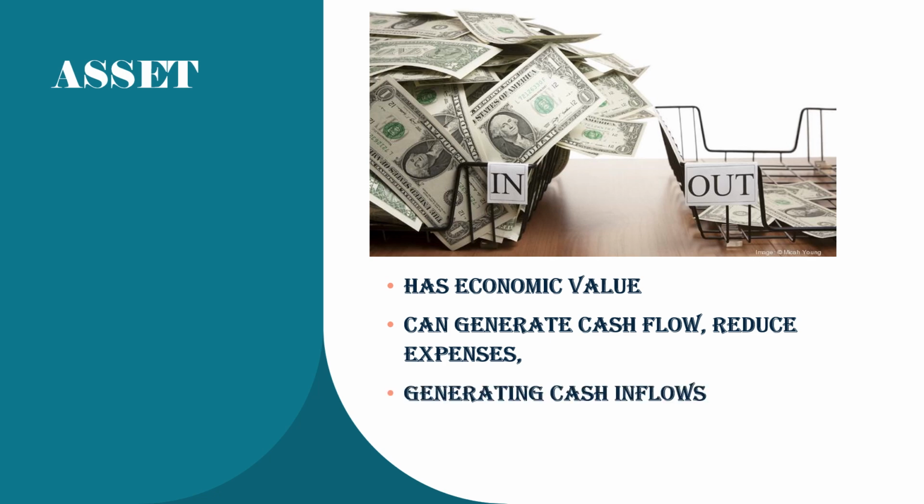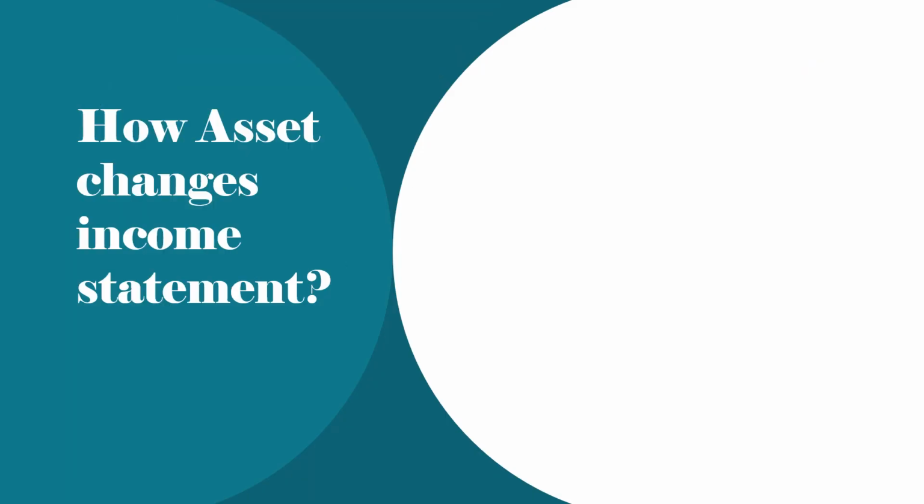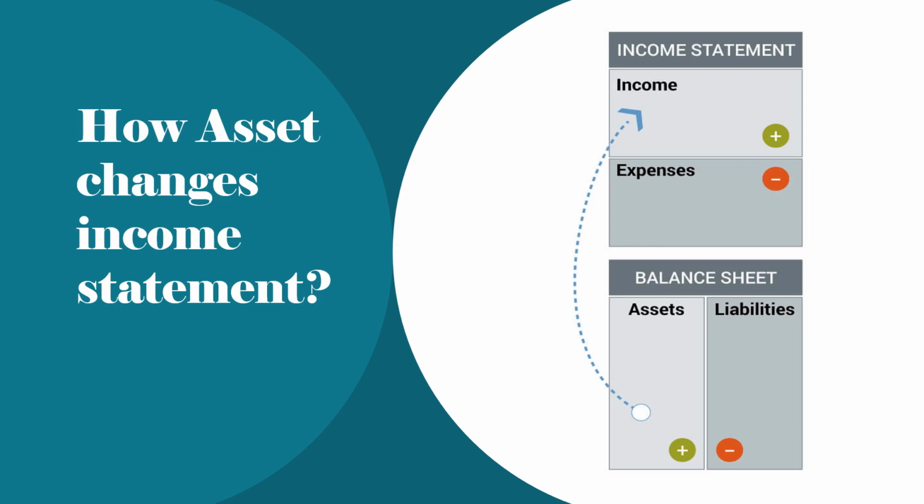Assets also increase our wealth by either generating cash inflow, means cash coming to us, or by decreasing cash outflows, means cash going out. Now you have bought an asset. How will it change your finances? Now, as shown here, the asset will contribute to our income. So we will get better financially and feel like partying.